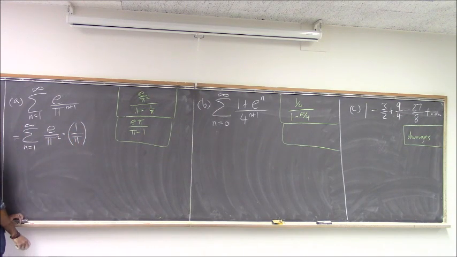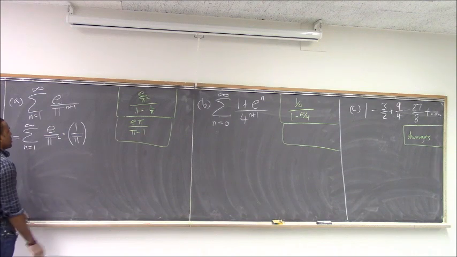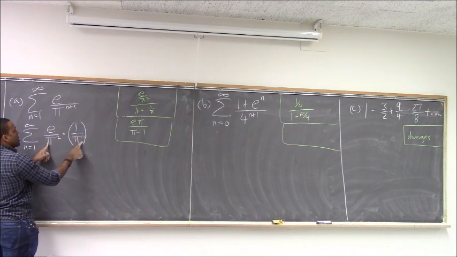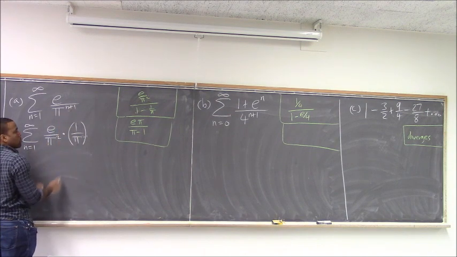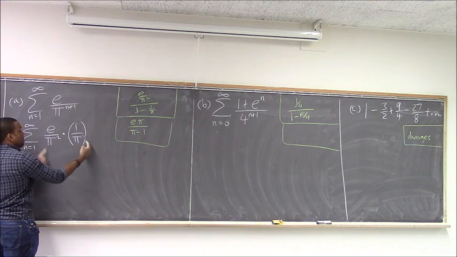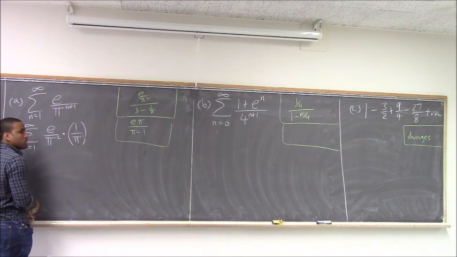Or is it just n? That would be n plus 1, because if this were n plus 1, when you multiply across, you get n plus 3, right? Yeah. So it would just be n. Well, this is n, you multiply across, you get n plus 2. Okay.